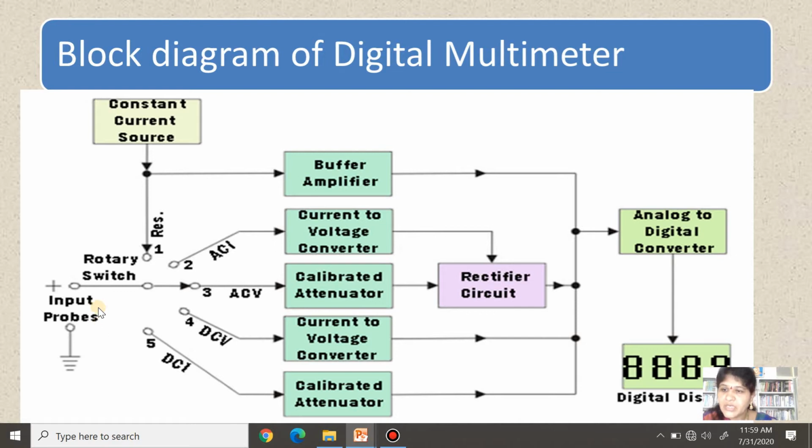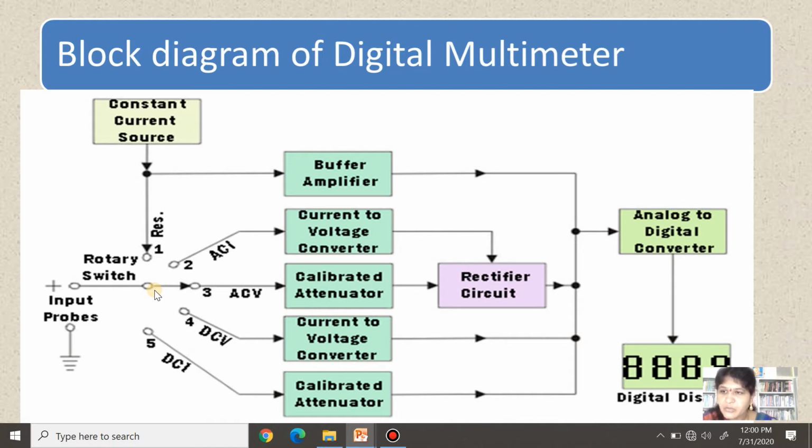Here we have the input probes. One is the red probe, the second one is the black probe. The red probe is treated as positive and the black probe is connected to the common or negative. Then we have the rotary switch here.